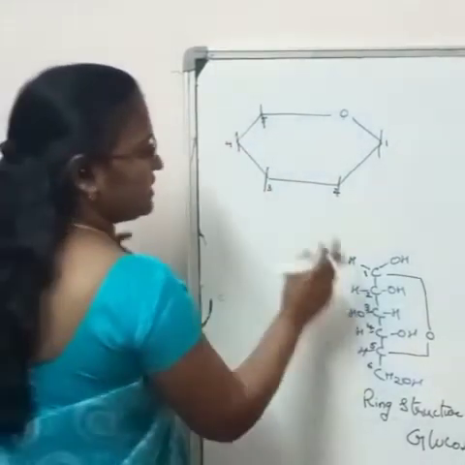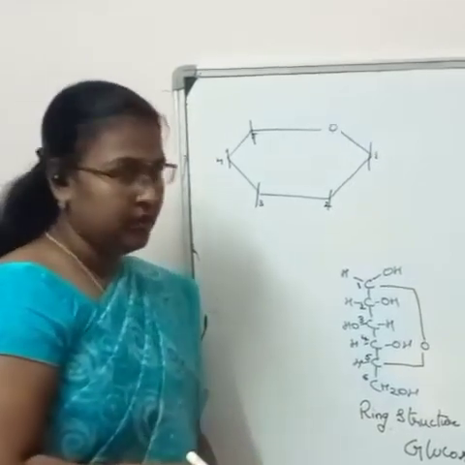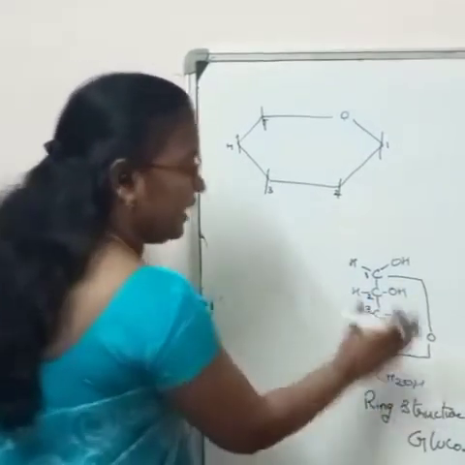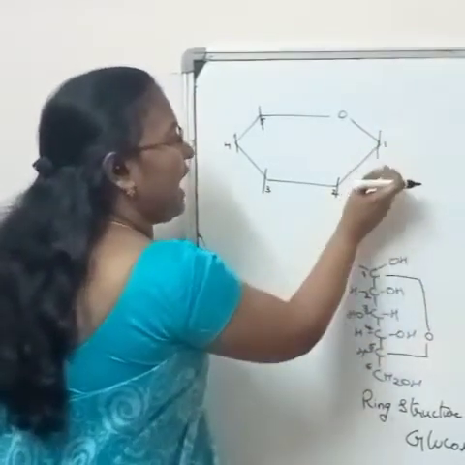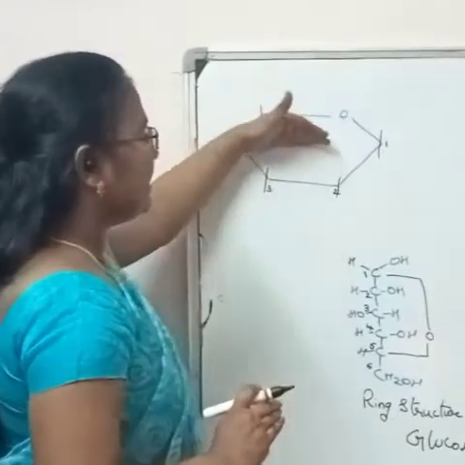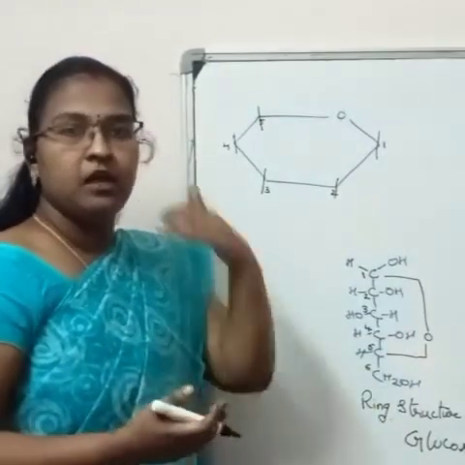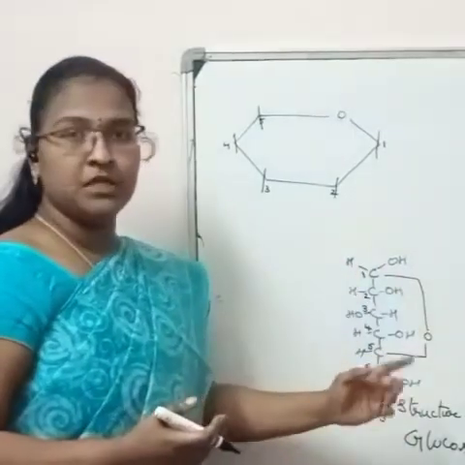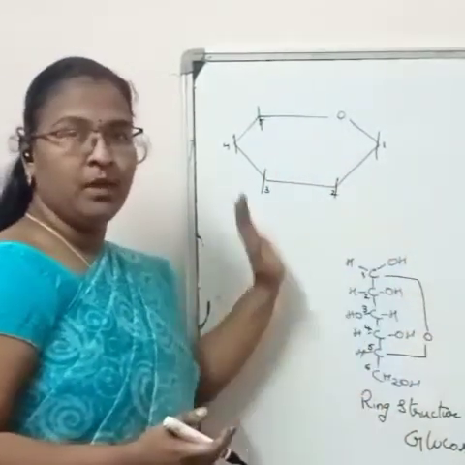The one common thing we need to observe is that in the ring structure, what is towards the ring will be outside, and what is opposite to the ring will be inside.